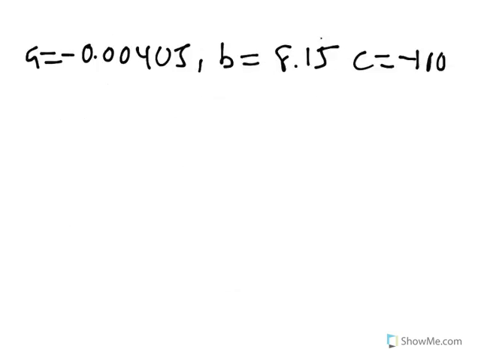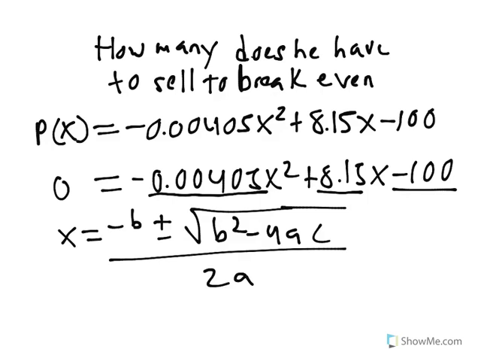Now all we need to do is plug these values into the quadratic formula to solve for x. What x is going to give you is the number of umbrellas where the profit function equals 0, so where Gregorio breaks even. And there's always two solutions to a quadratic equation.